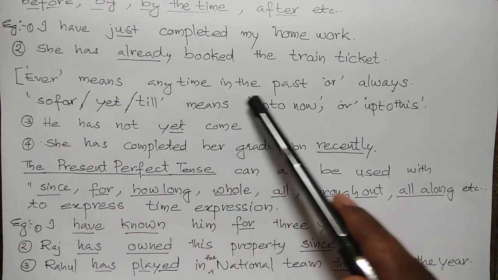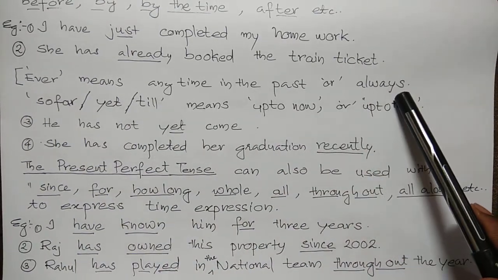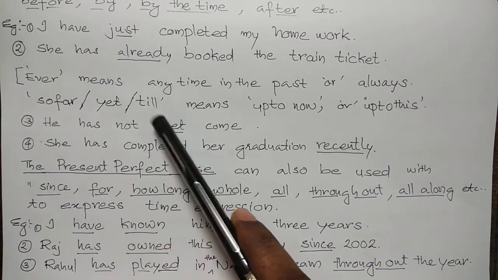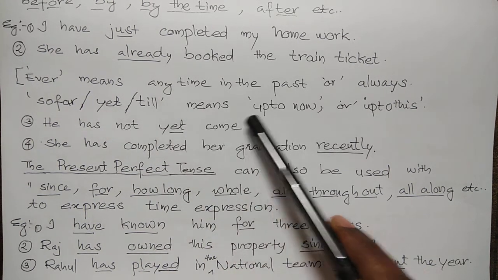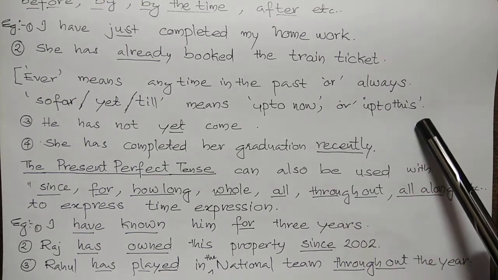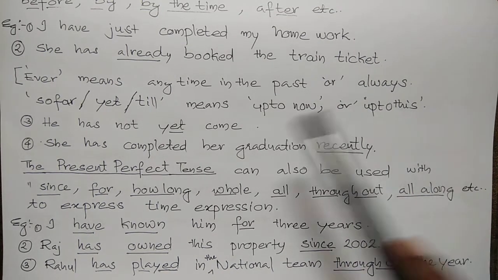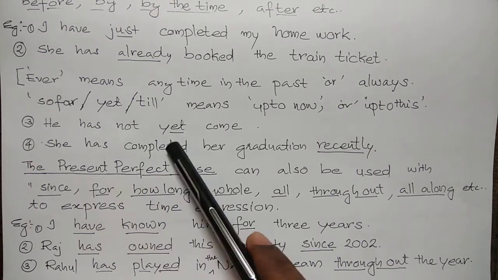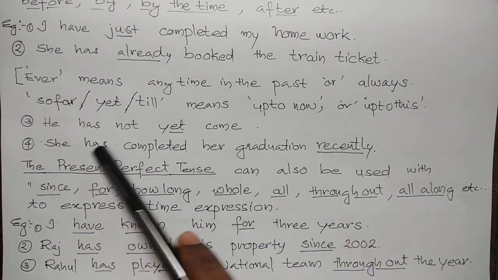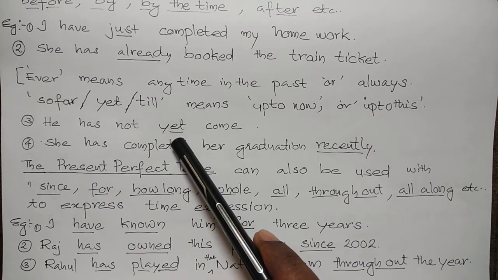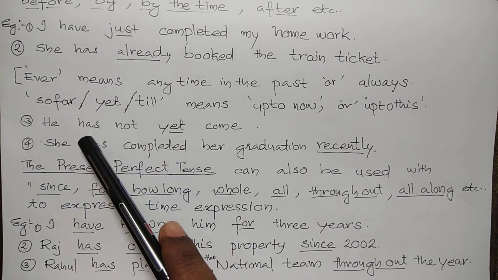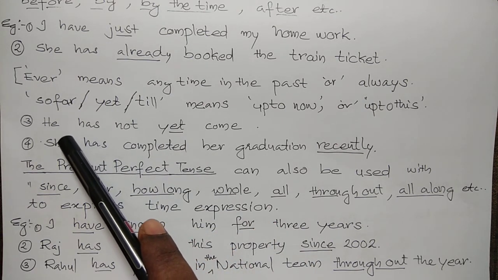Ever means anytime in the past or always. So far, yet, till: these words also mean up to now. See the example. He has not yet come. If yet is there, then also the sentence will be in present perfect.